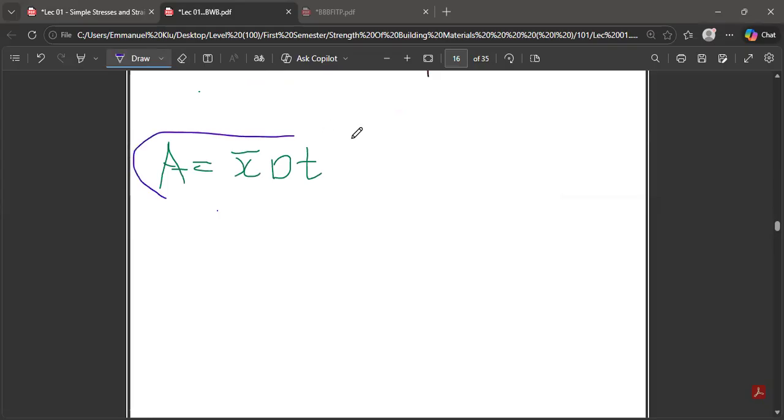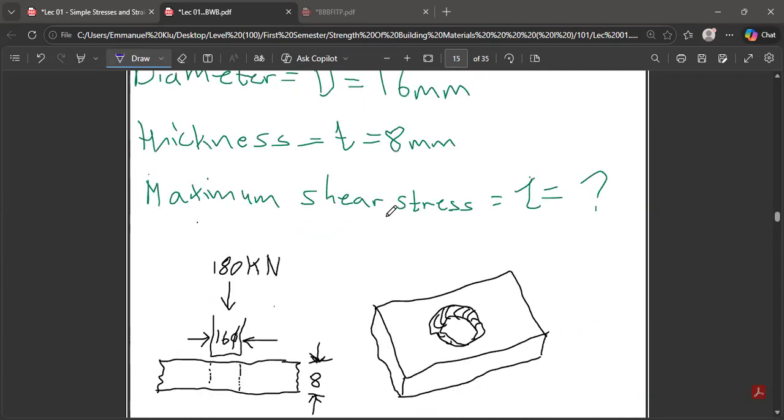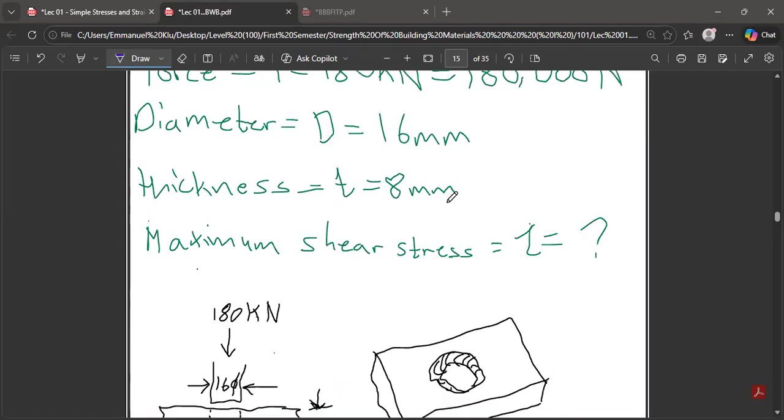Let's quickly proceed. So our area is now going to be equal to pi, and the pi we are using in this case is equal to what? 3.142. So 3.142 times the diameter. And what was the diameter given to us? It was 16 and the thickness was 8.